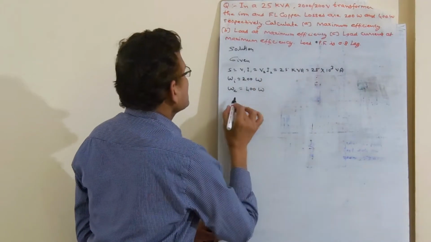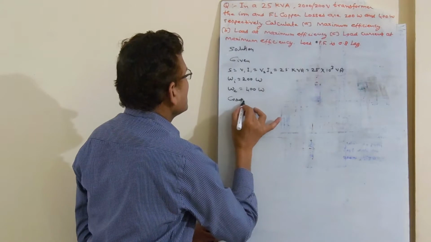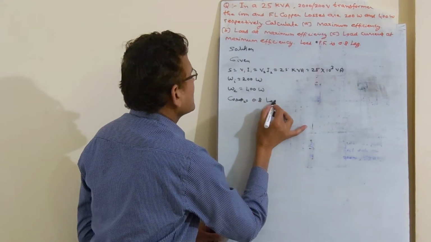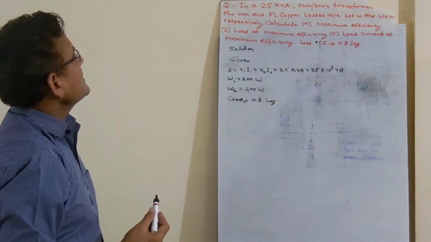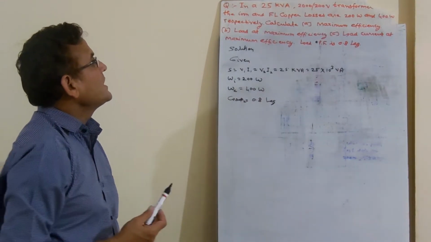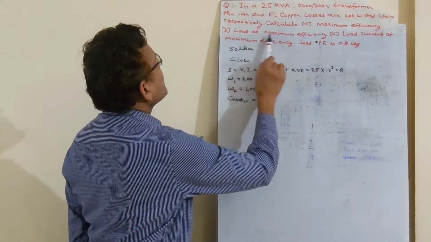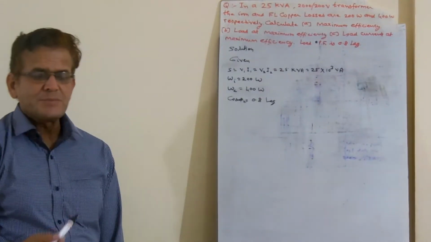Load power factor is 0.8 lagging. These values are given, and now we have to calculate maximum efficiency, load at maximum efficiency, and load current at maximum efficiency.